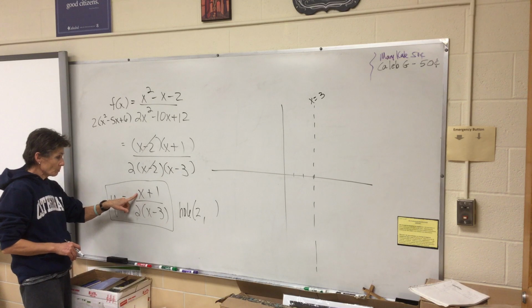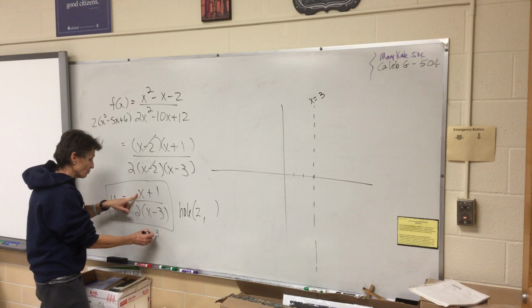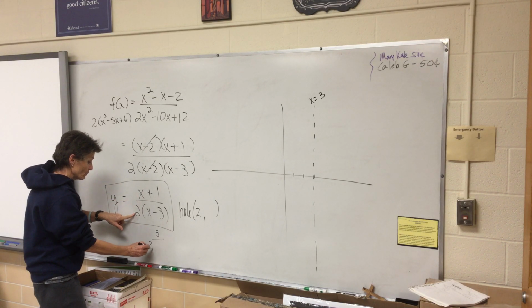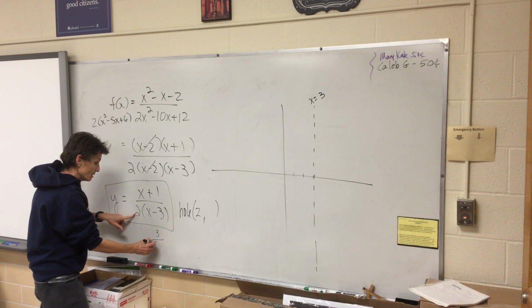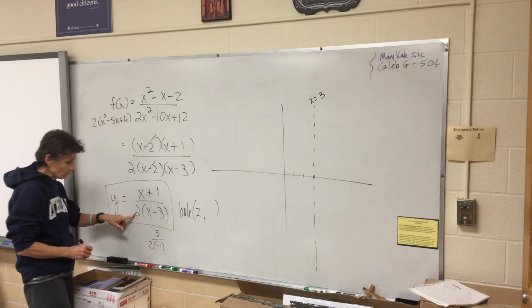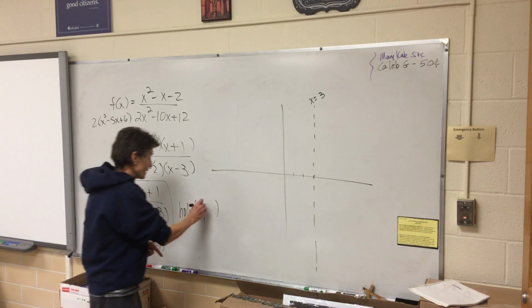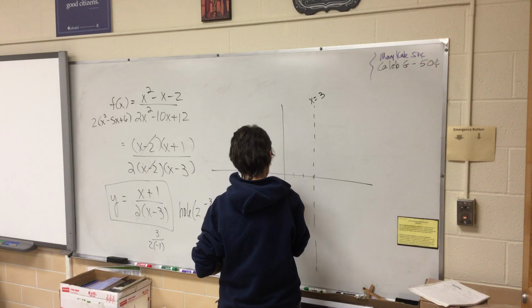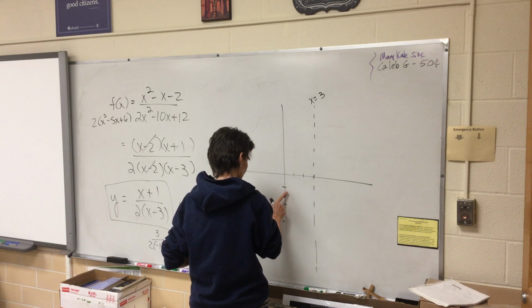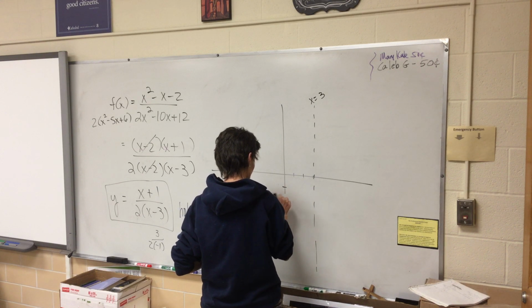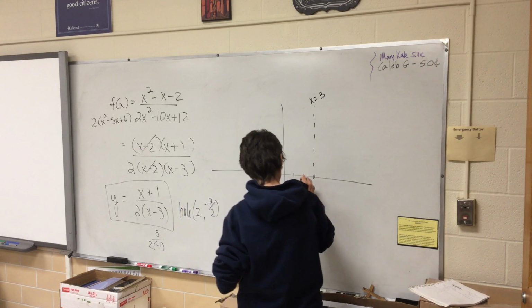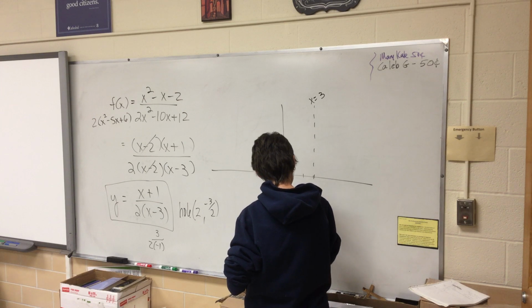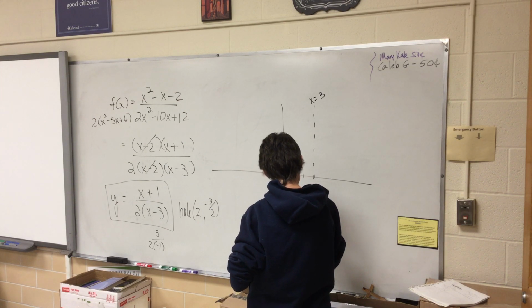Plugging in 2, it's going to give me 3 over 2 times 2 minus 3, or negative 1. So I got negative 3 halves, or negative 1 1/2. So I'm going to put a hole at 2 comma negative 1 1/2.